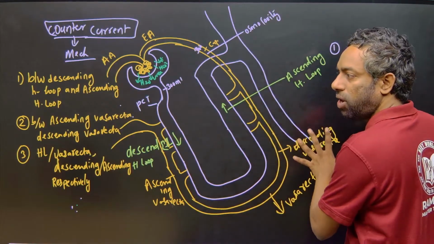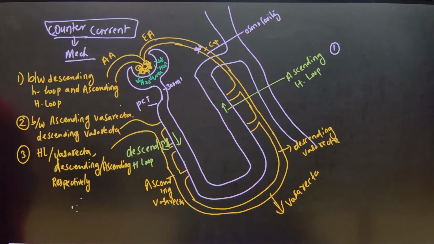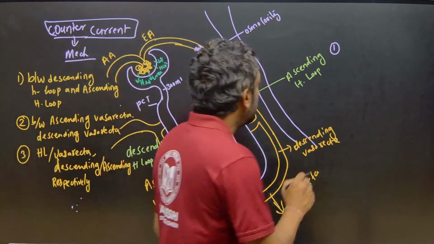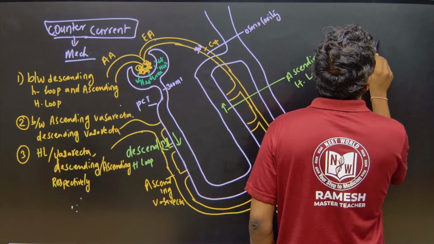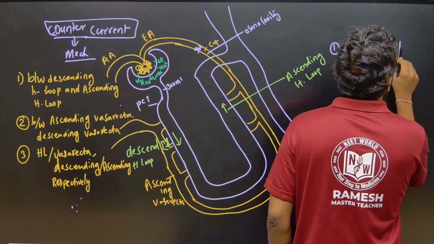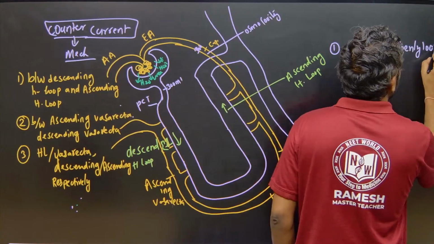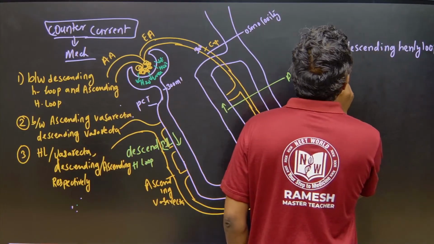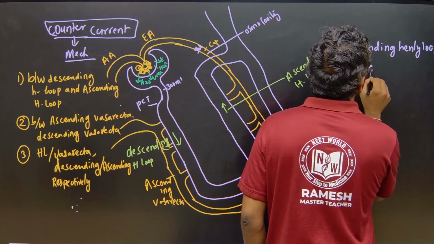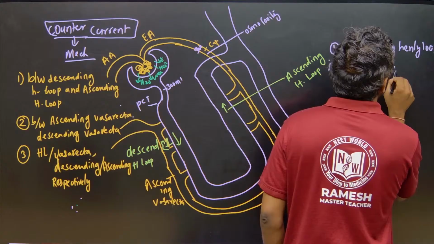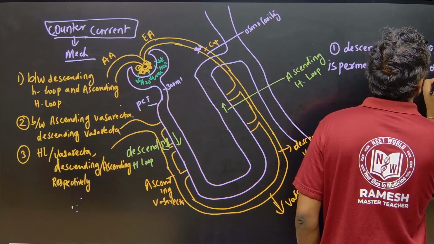The descending Henle limb is permeable to water only.